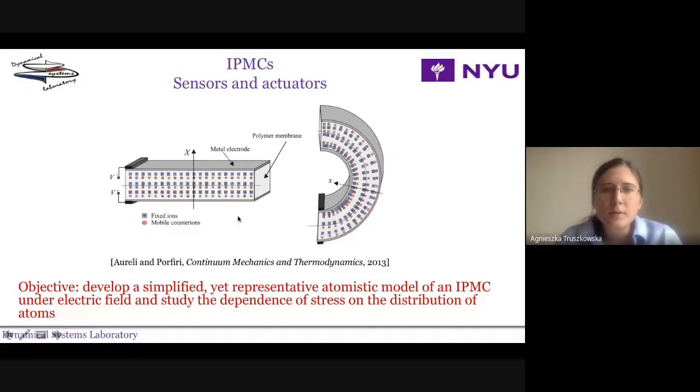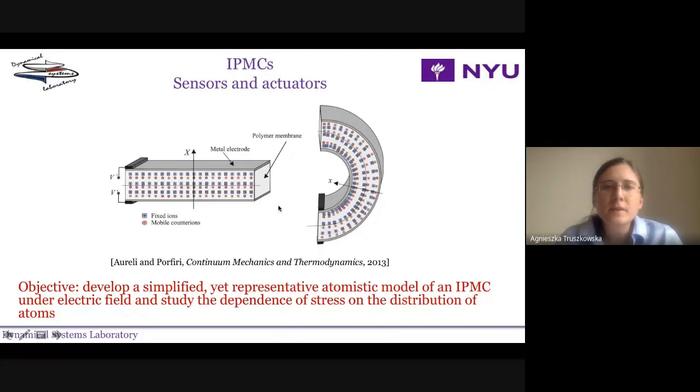This creates a complex interplay between the mobile components and the fixed components, and actually the exact mechanisms for this behavior are not well understood. It is believed that it is related to the osmotic and Maxwell stress interplay in the ionomer.